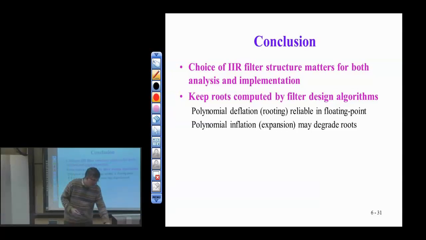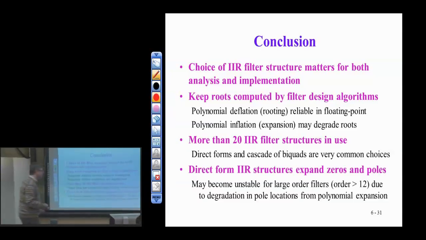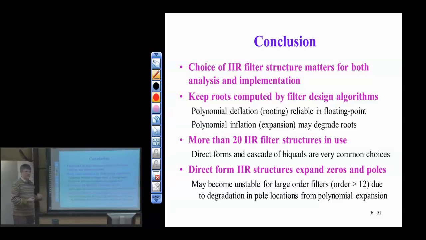The good news is that if I give you a polynomial in expanded form, rooting the polynomial is very robust. I can find the roots. There are papers rooting millionth order polynomials, and they're incredibly accurate. That's not the problem. The problem is the other way. If I give you the list of the roots, how you expand the factored form to unfactored form really impacts the errors in the coefficients of the polynomial.